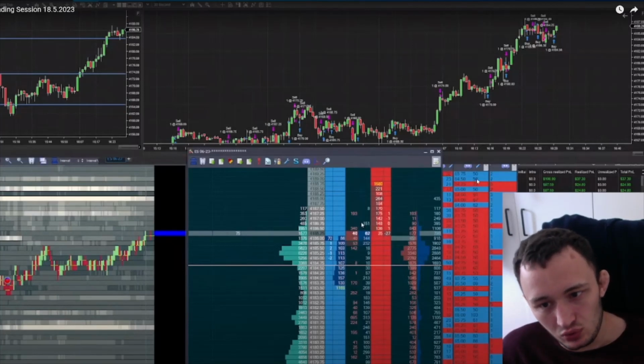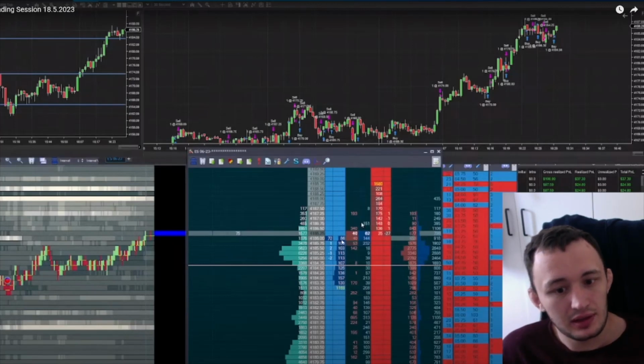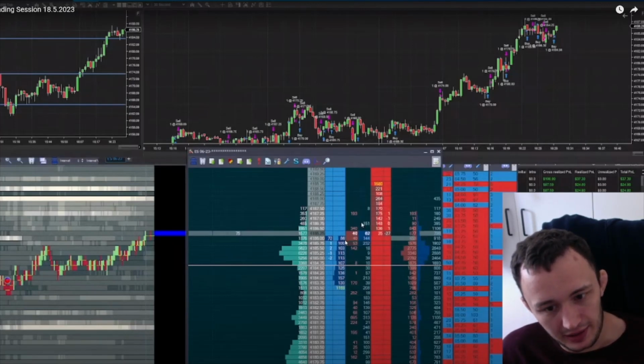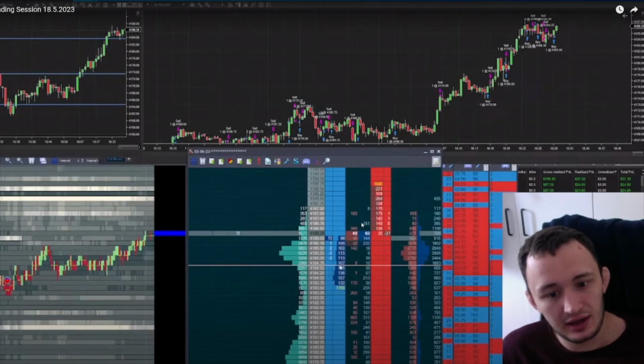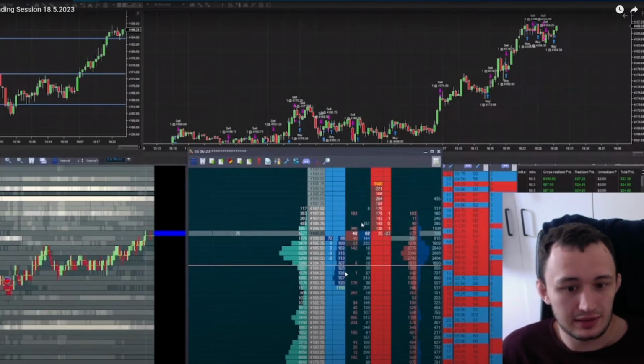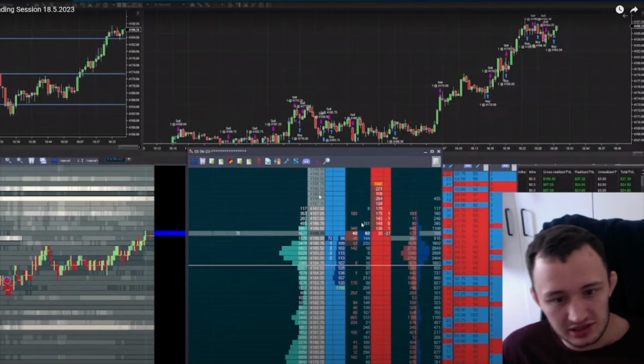But if I do see big guys buying at the high of a bell curve, and I see also limit buying, plus here I did see a lot of sellers probably stuck, who also need to get out of the trade, and the only way for them to get out is by buying, which probably they have their buy stop just above the high here in the 88s or something like this.